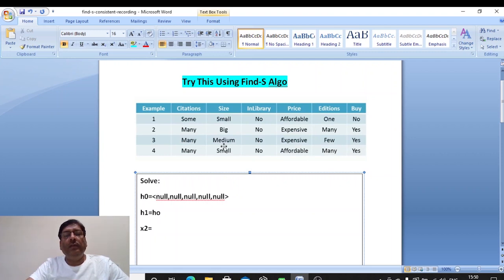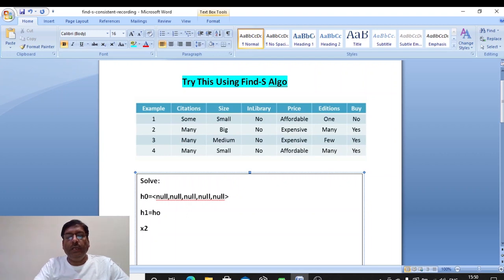None of these values match, so it is expected to be negative, but it is classified as positive. So what do we need to do? When it is a positive instance, you are supposed to replace this value with the more general value.